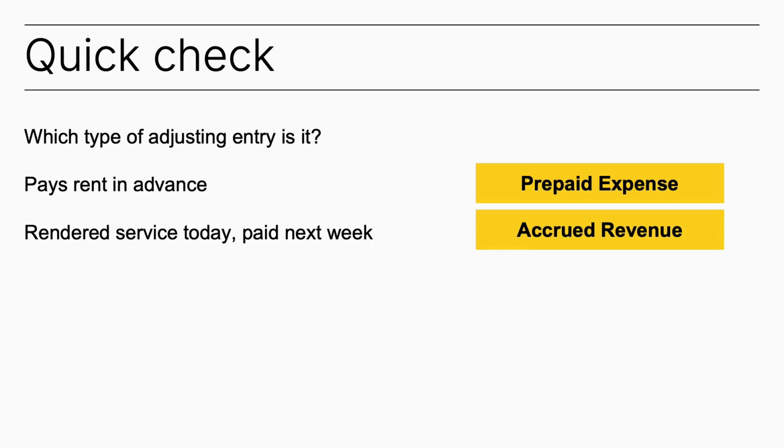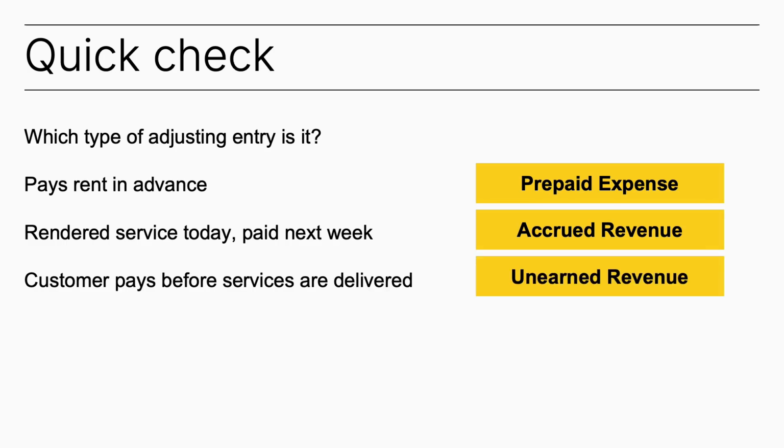This is accrued revenue because the work is already done, but the cash hasn't come in yet. Customer pays before services are delivered. It's unearned revenue. Cash is received first, but delivery happens later. That creates an obligation for the business to deliver in the future.